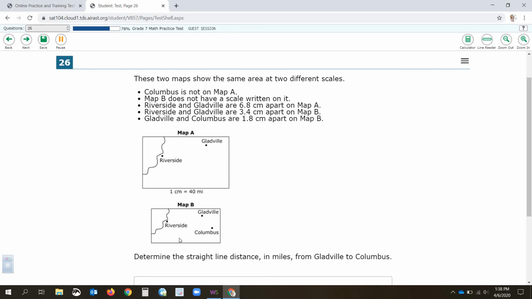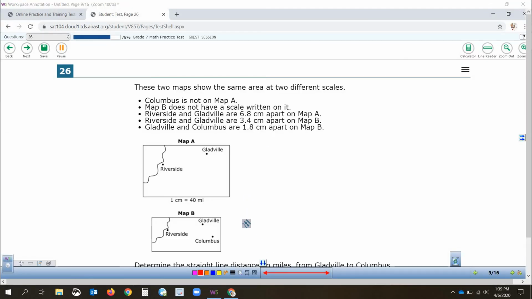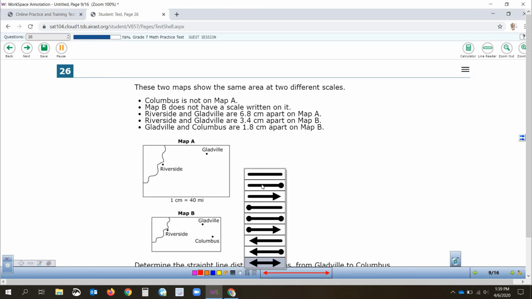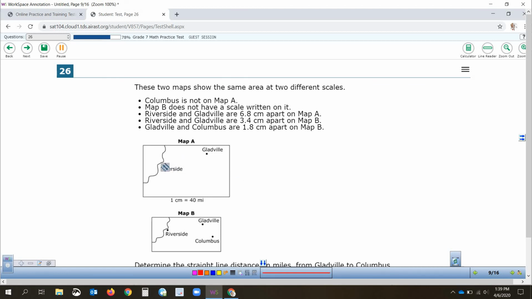See, there's a scale on map A, there is no scale on map B. Riverside and Gladville are 6.8 meters apart on map A. So if I were to go ahead and connect these 2 points here on map A, I get 6.8 centimeters.